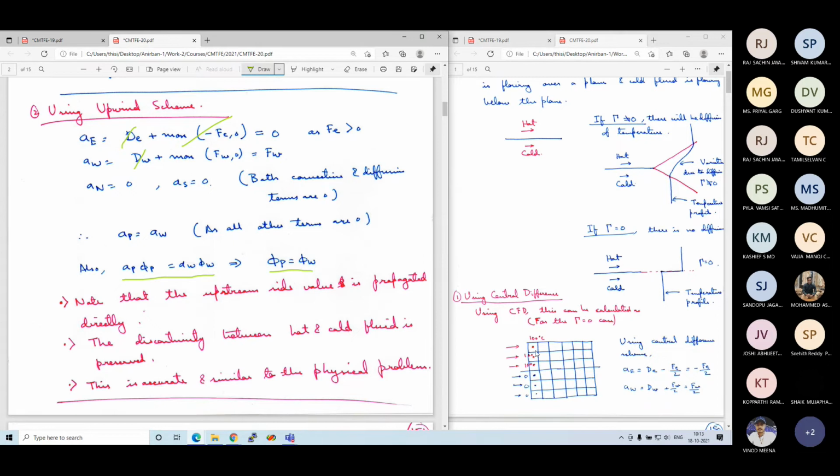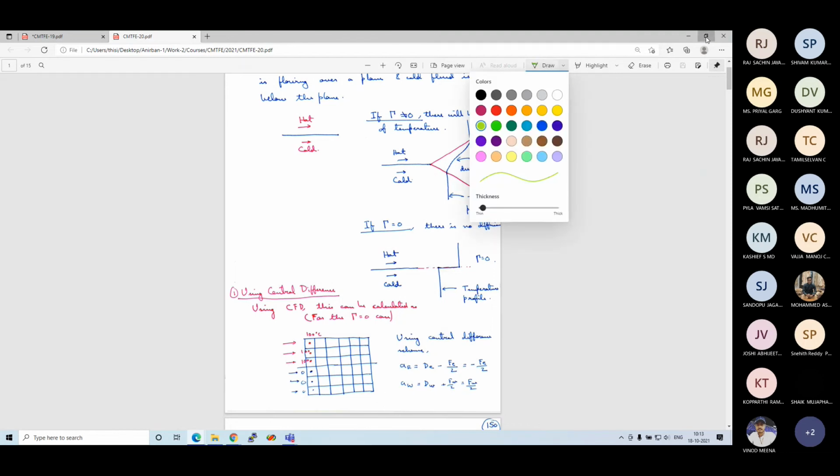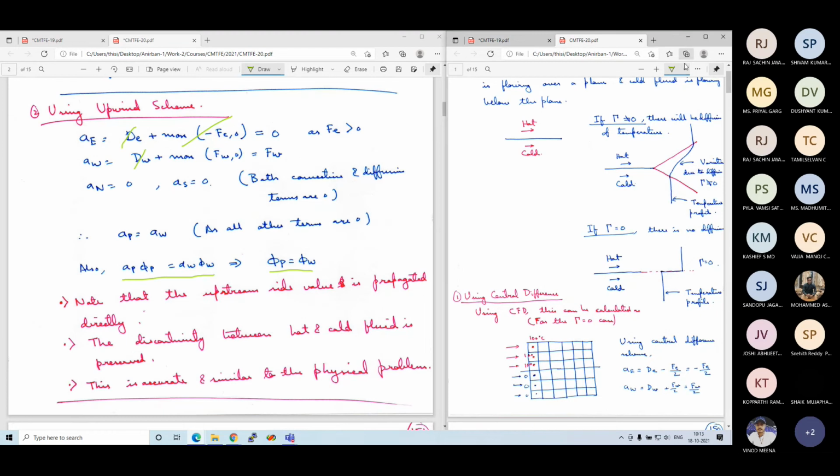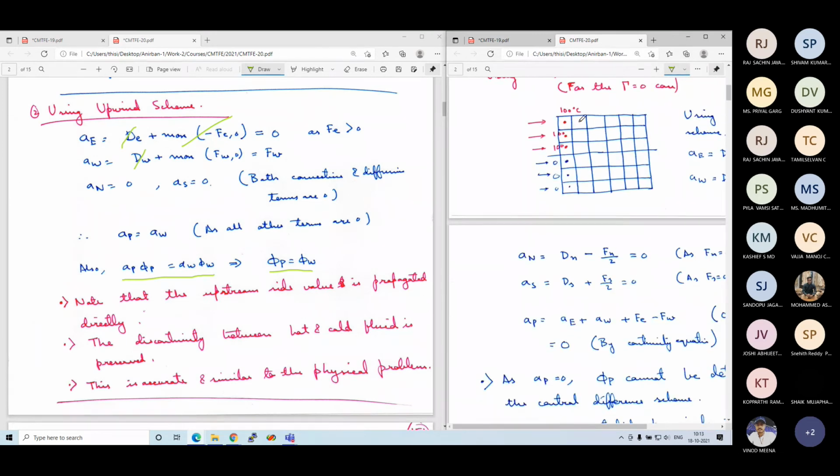So what does it mean? So for any point, say this point, if we want to calculate, this is P. So phi P is equal to phi W, which is the west point.